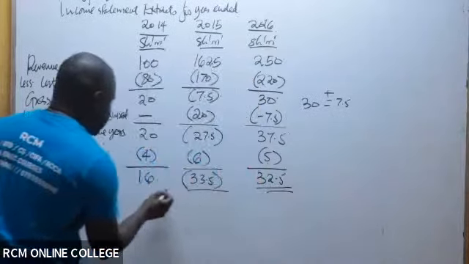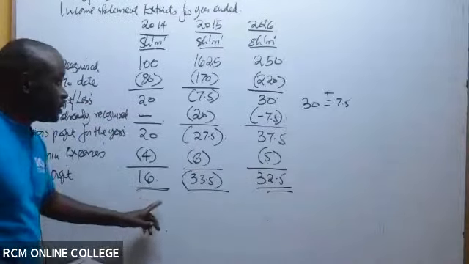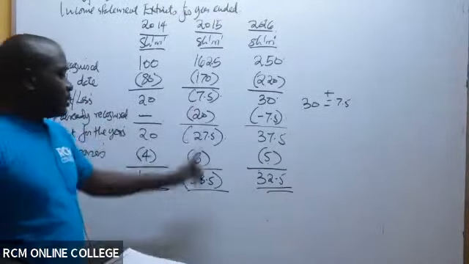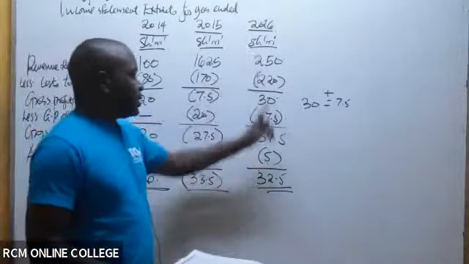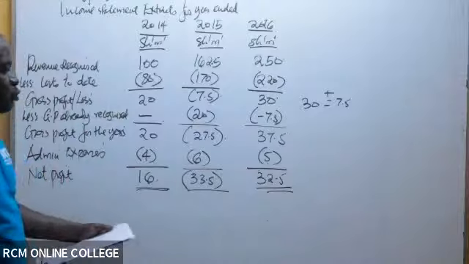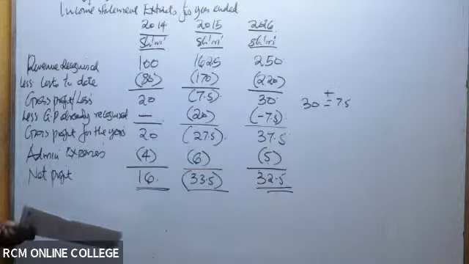And of course, these will likely be our net profit on this contract for each and every year. So 2014, 16 million, sorry, there was a net loss here. There was no profit. But for the year 2016, there was a profit of 32.5 million.